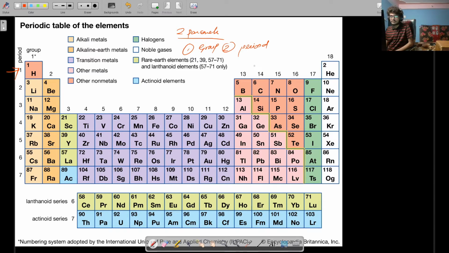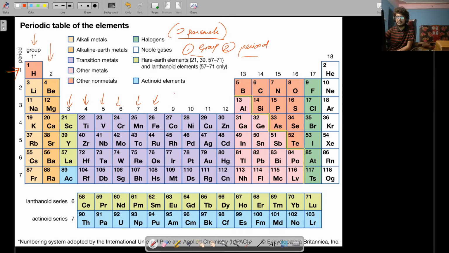So there are two important aspects of the periodic table, first being the group and the second being the period. In a group, all the elements in the vertical columns are known as the groups. Everything that is arranged vertically is known as a group, right?